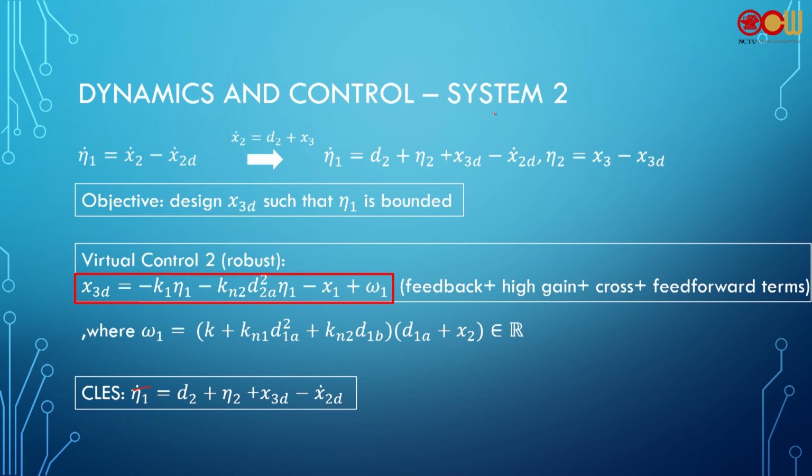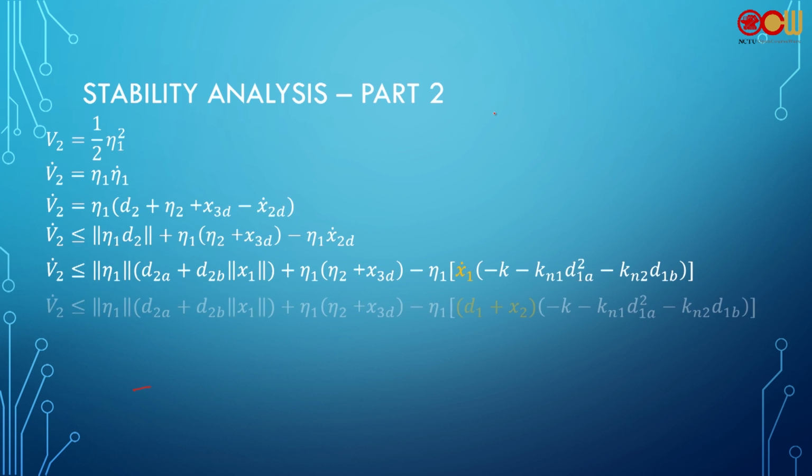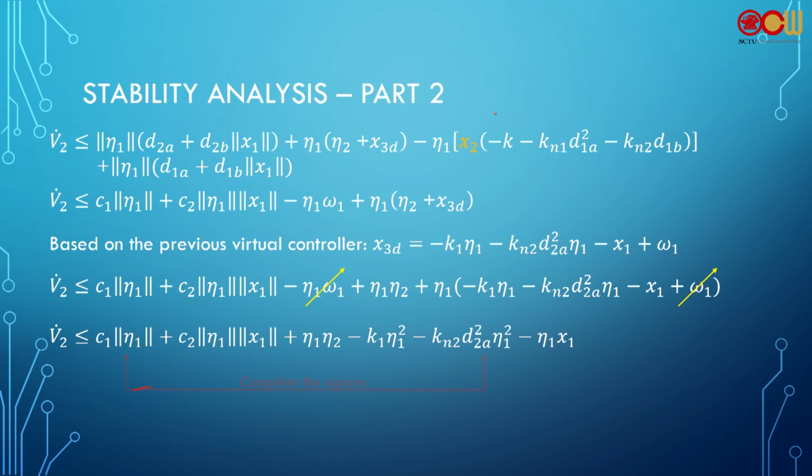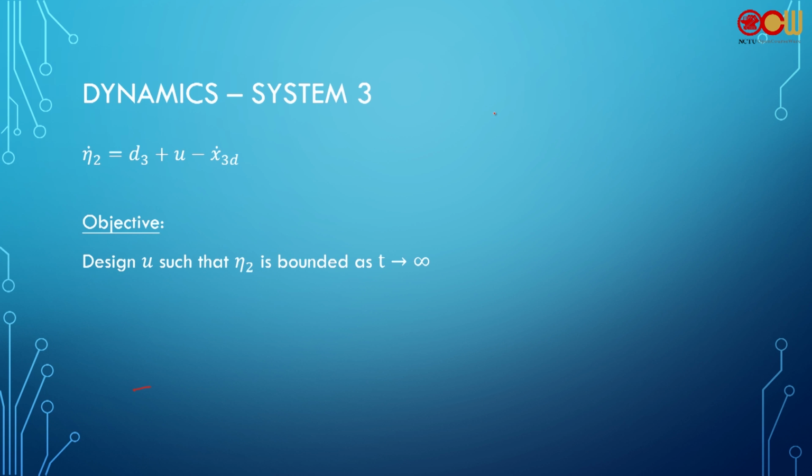You need to take the time derivative of this and put in the controller on the next system. x3d dot is very complicated and you need to take one more time derivative and use U to compensate this term. That's why I did not write down what U is, because U is too complicated. But the procedure is the same, right? Here's the feedback term, and eta 1 is the cross term to cancel out another cross term in the second system or first system. Nonlinear term and other cross terms.